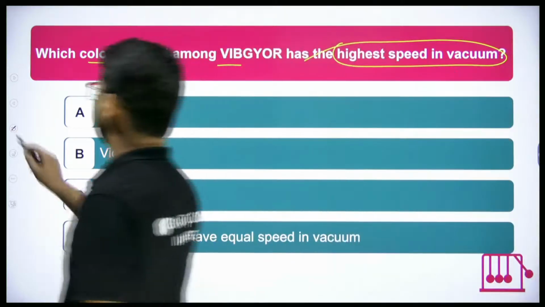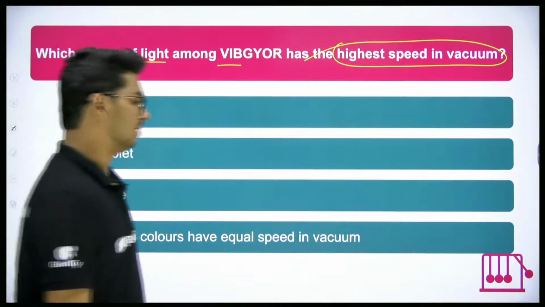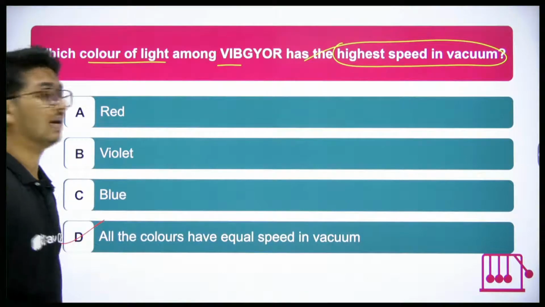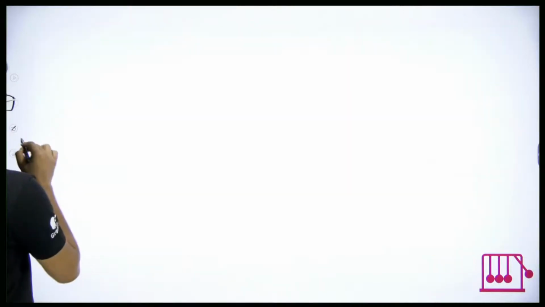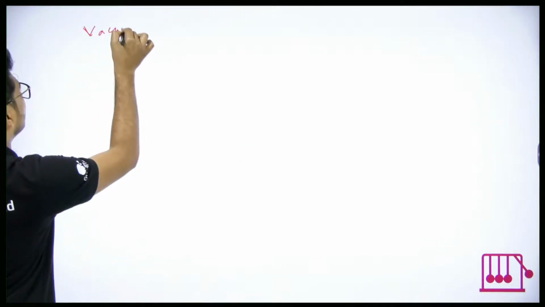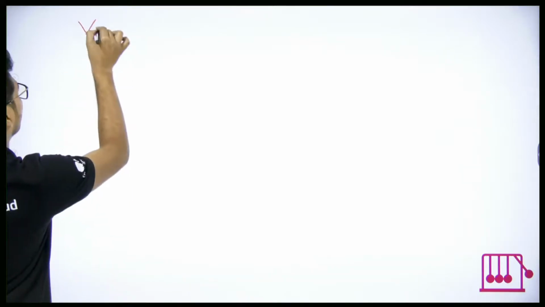Time is up and the correct answer is D. Remember this point, this is a very important point. In vacuum, all the colors will have equal speed. Every color will have equal speed in vacuum.